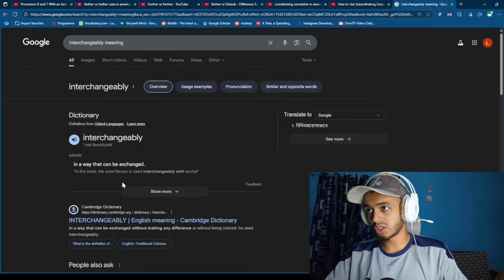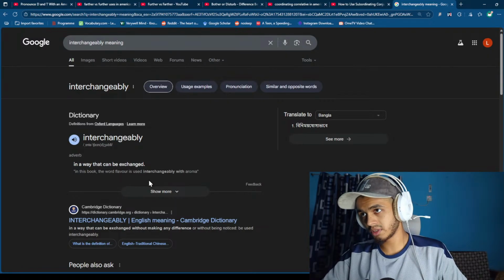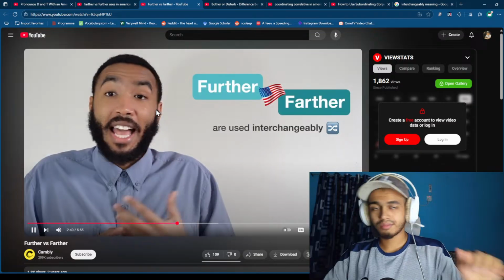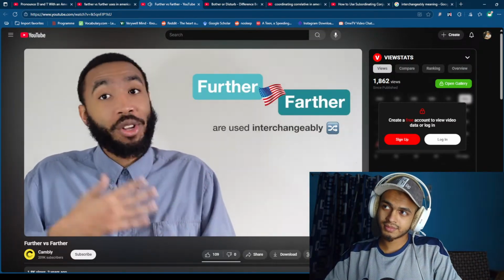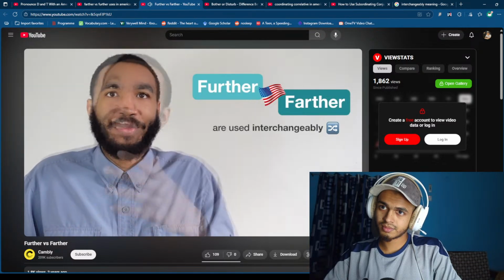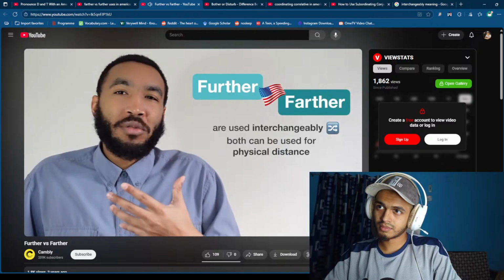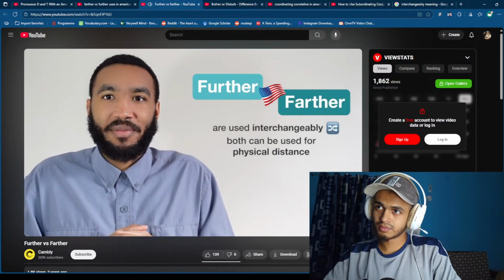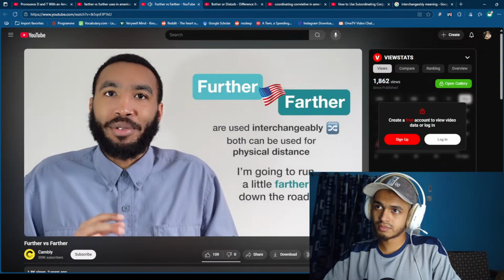In this book, the word flavor is used interchangeably with aroma. As in, we use one for the other and the other for one, right? To explain a little further, we use both to describe physical distance, right? Here is an example of this.